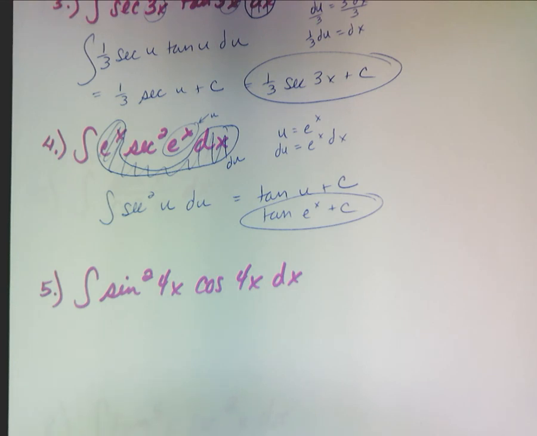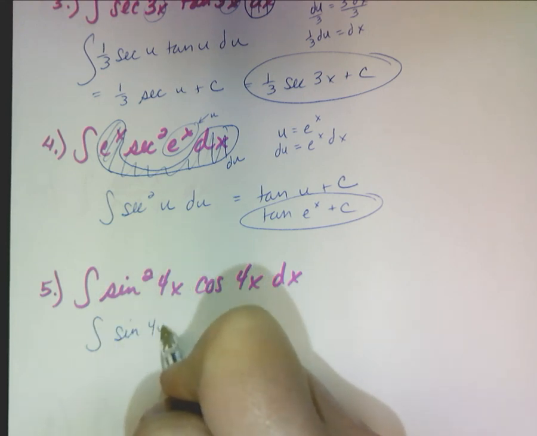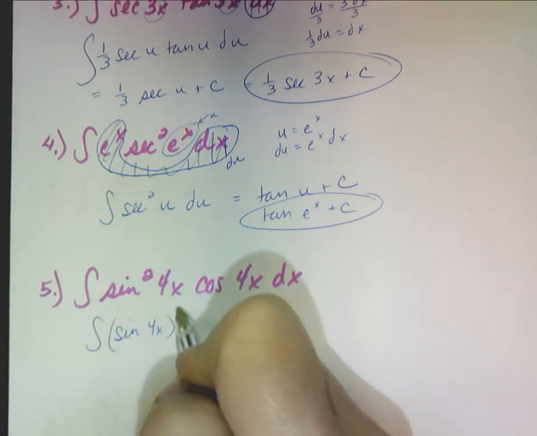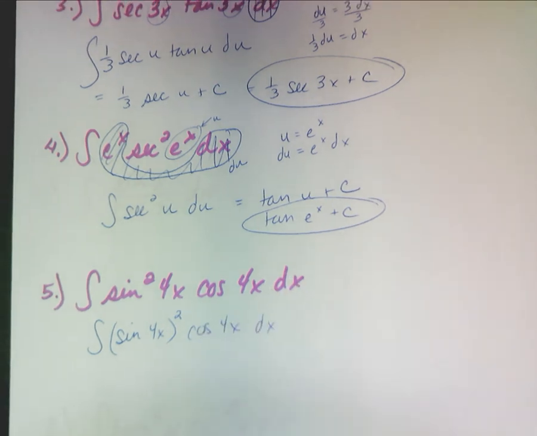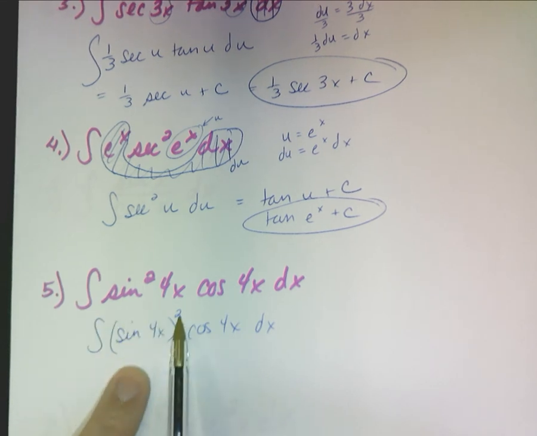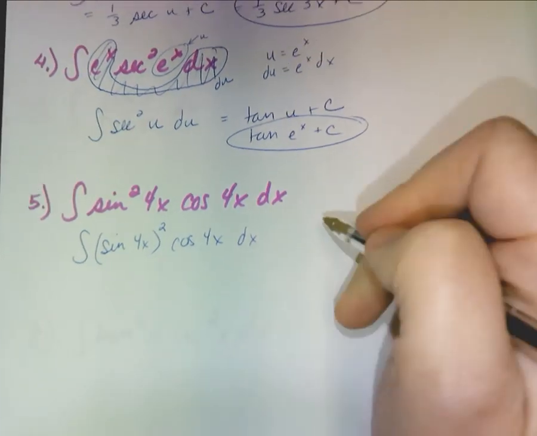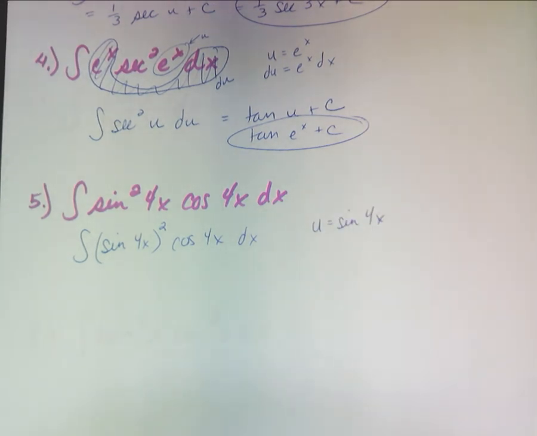So your u, remember, is usually your power. So if I were to rewrite this, this is actually, remember, sine of 4x squared cosine 4x. So I'm going to let my u be this entire thing because that's being raised to the power of 2. So u is sine of 4x.